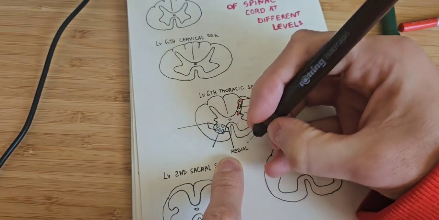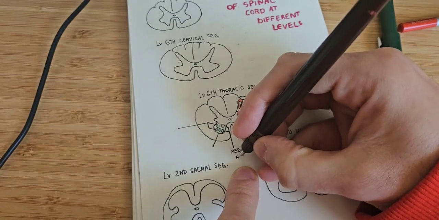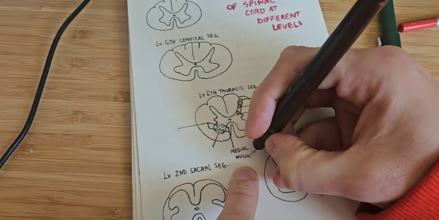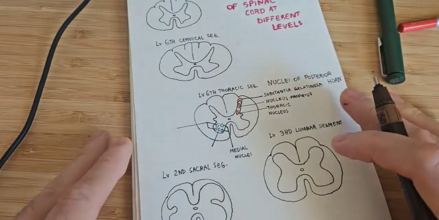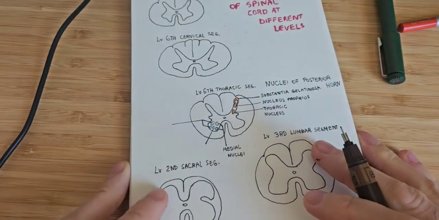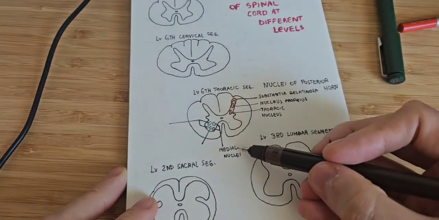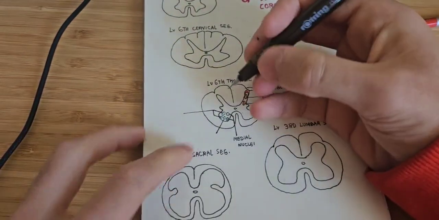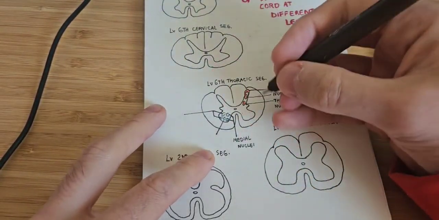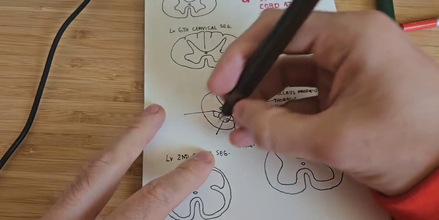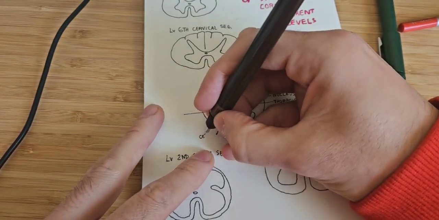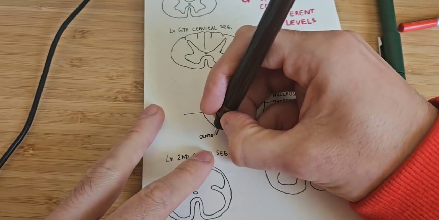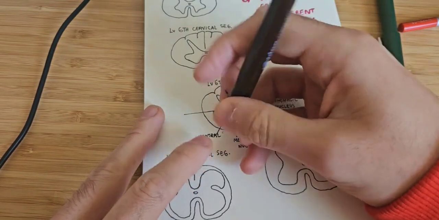Medial nuclei. And just to make the illustration clear for you guys, I'm going to highlight this one with blue, this one with red. Okay, medial nuclei, and this one is the central nucleus. Thank you for the support.